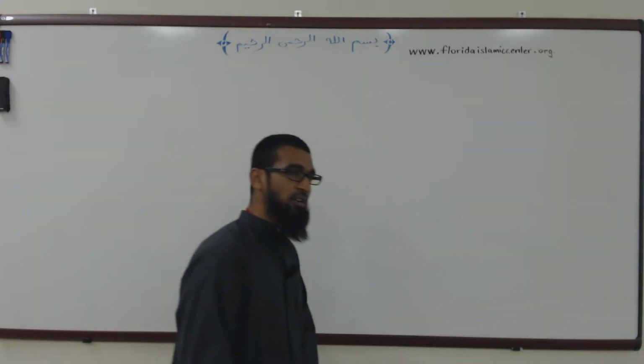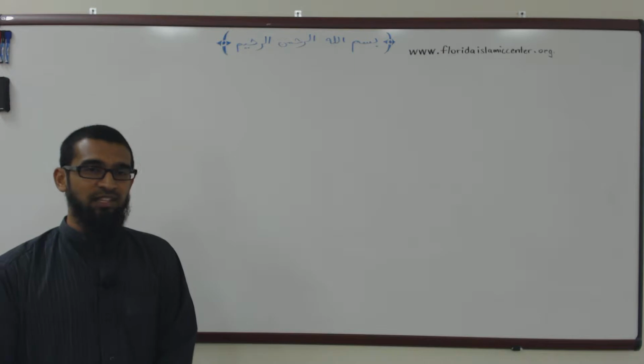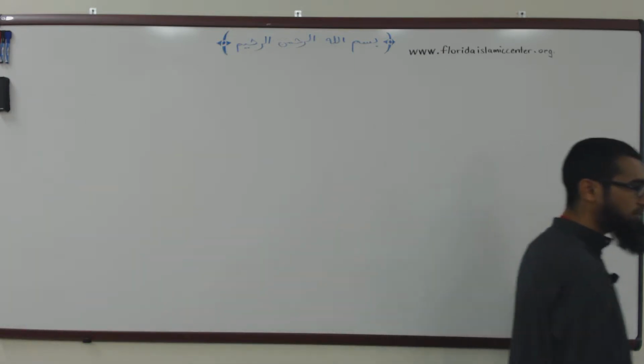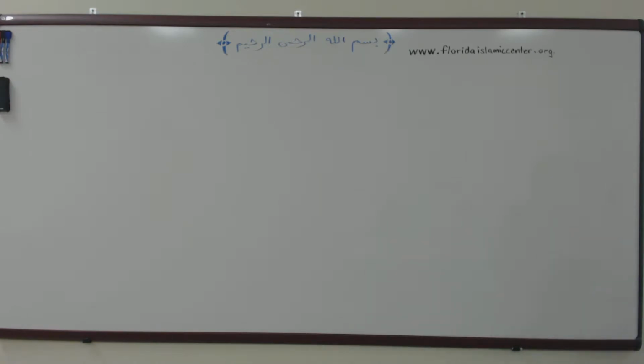Give me an example of a word where the kasra is elongated with a ya. There are 3 of them, in the second row.